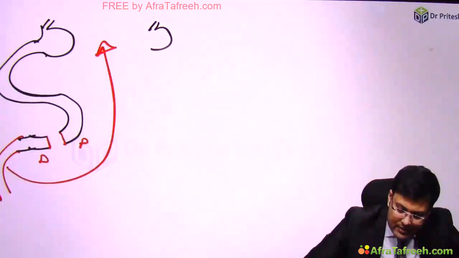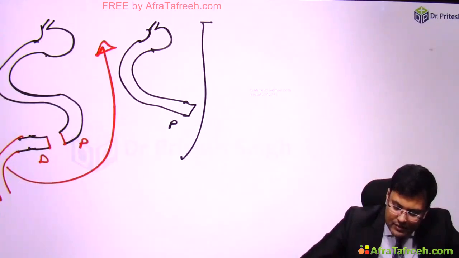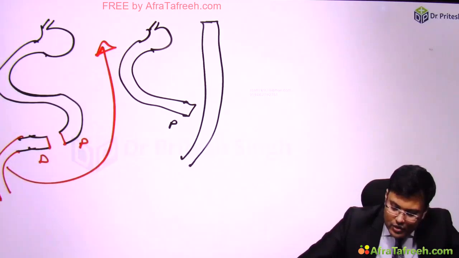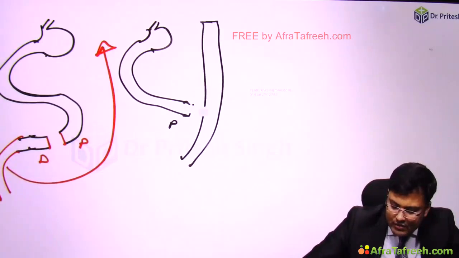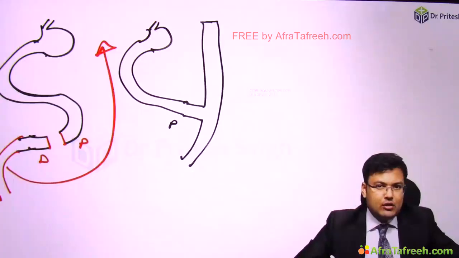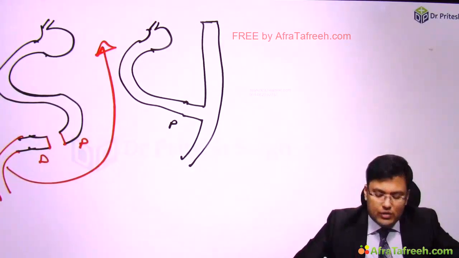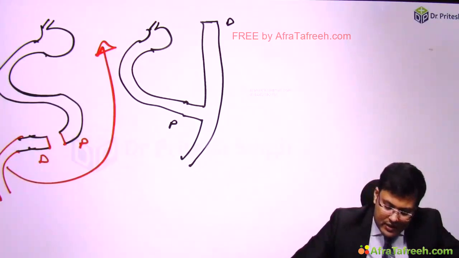After that, the diagram is something like this. This is the proximal part and this is the distal part. So I restore the continuity between the proximal and distal parts. How? Like this. So this is a jejunojejunostomy. What kind? End to side. Can you see?